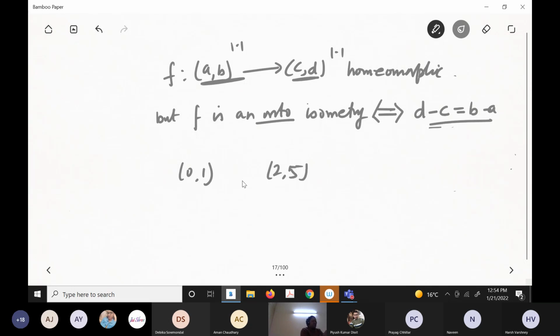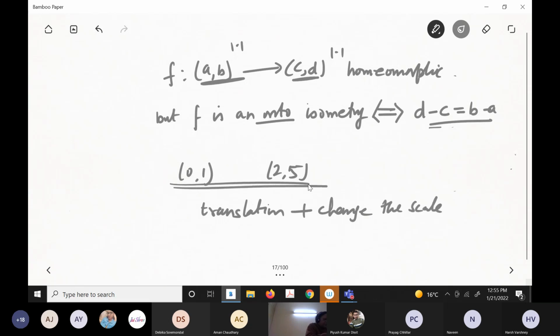It is a matter of translation and changing the scale. You know the meaning of changing the scale. This way you can do it, but they will never be isometric, with respect to the usual distance metric.